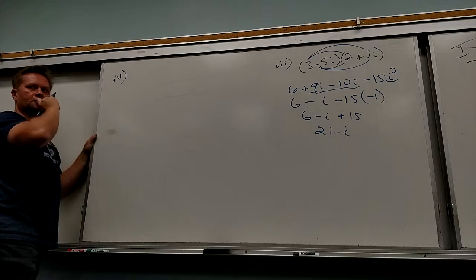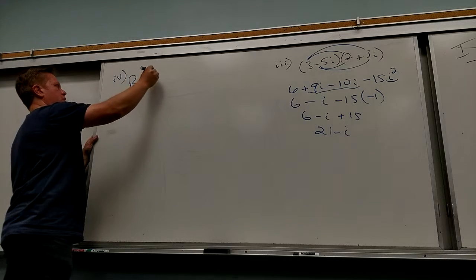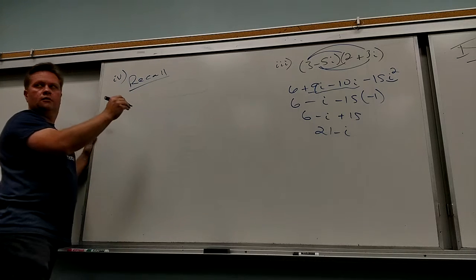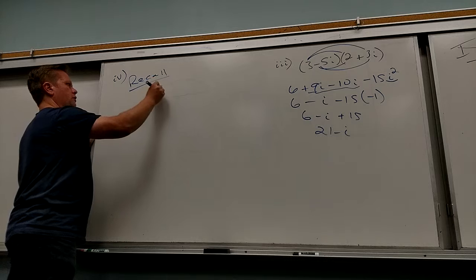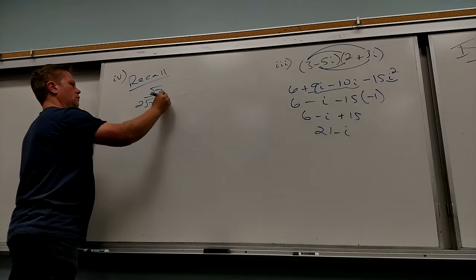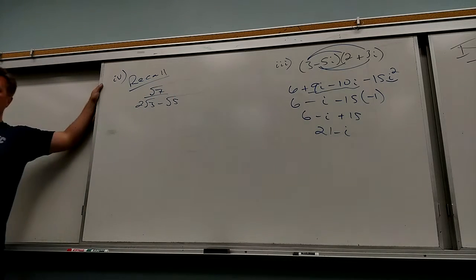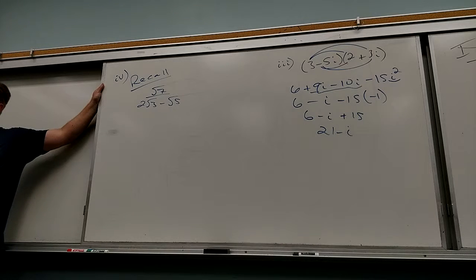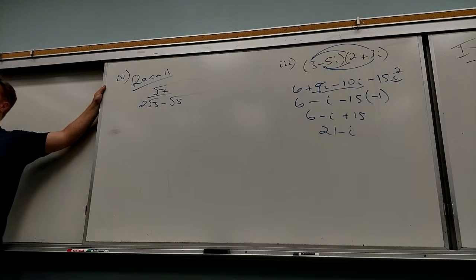So let me do this first. This will help us out a lot. What did we do with this? What was it we had to do here? You gotta make sure that the denominator doesn't equal 0.